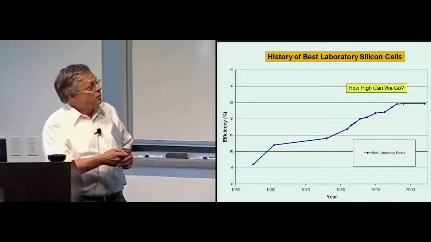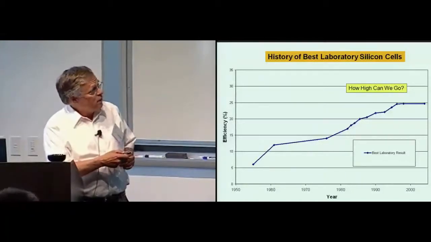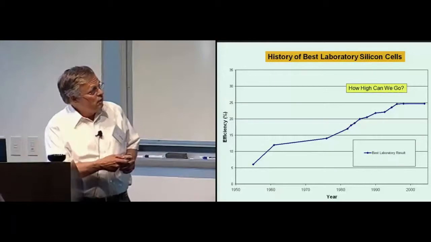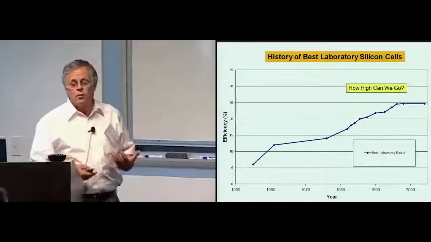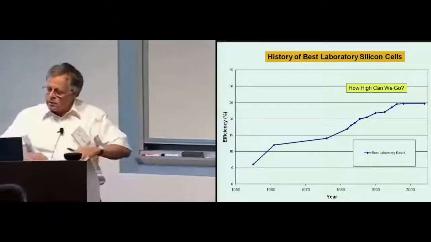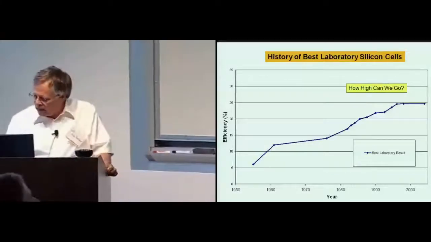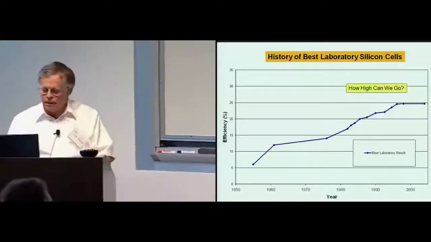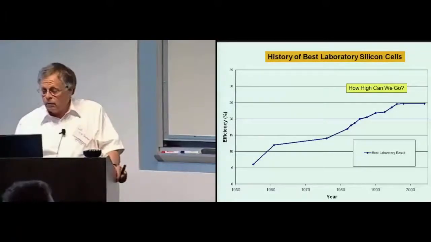The commercial cells were essentially constant from 1970 to over 2000 at around 14% in that range. But the laboratory cells improved. People working mostly in university laboratories played with the cell structure, gradually understood where the losses were coming from, and ratcheted up the efficiency. So the question is kind of how high can we go?